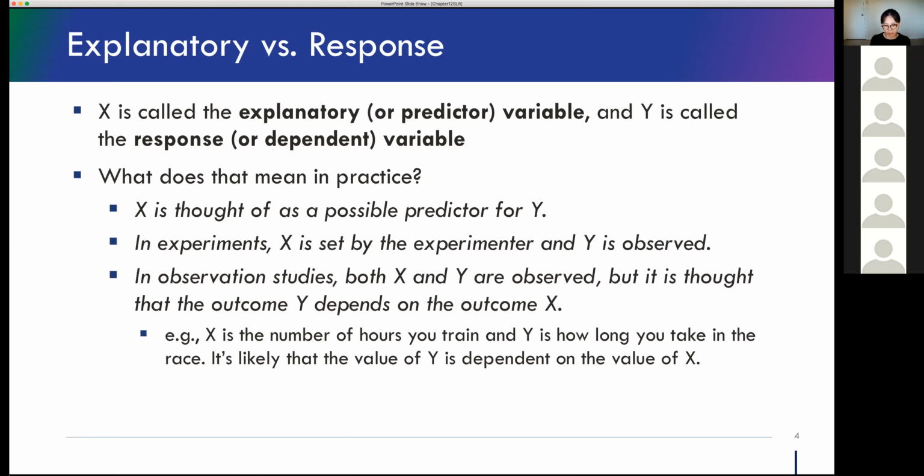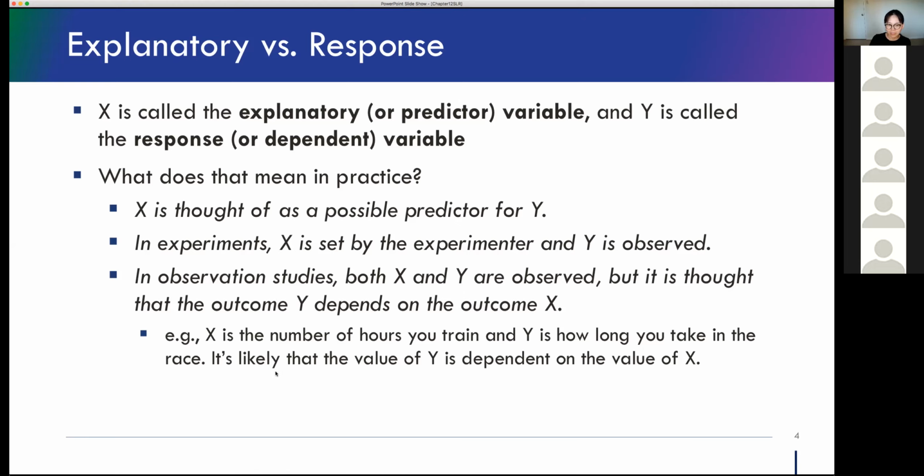So if we have observed both X and Y, and we're thinking Y should depend on X, we will build a linear regression line for them. For example, in this case, if X is the number of hours you train, like practicing running, Y is how long you take in the race.